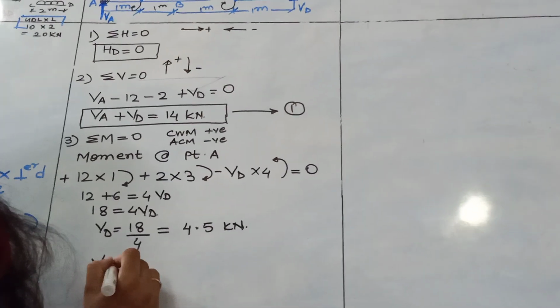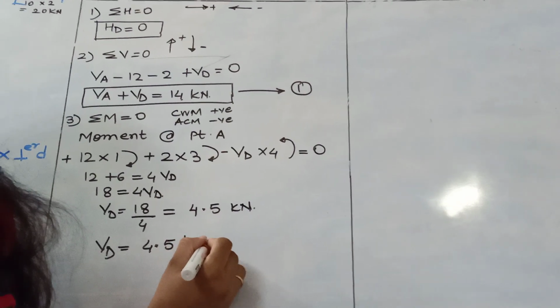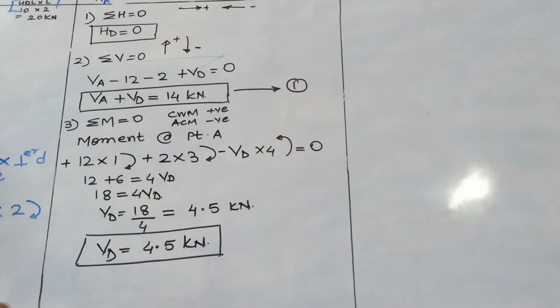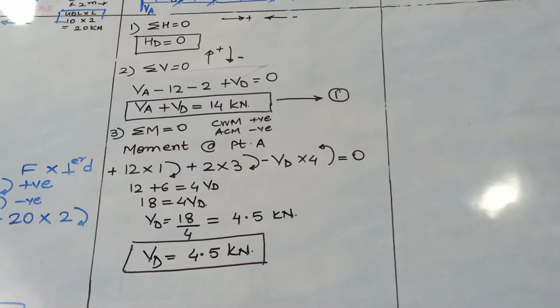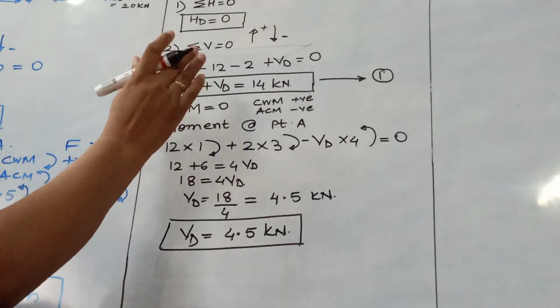So VD is equal to 4.5 kilonewtons. Okay, this is one answer. Because the reactions are VA and VD, we have found out VD. Substitute VD in equation 1.